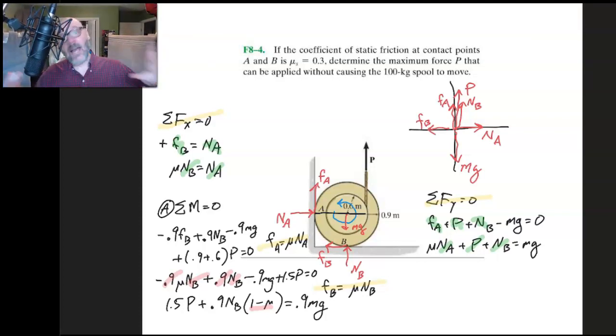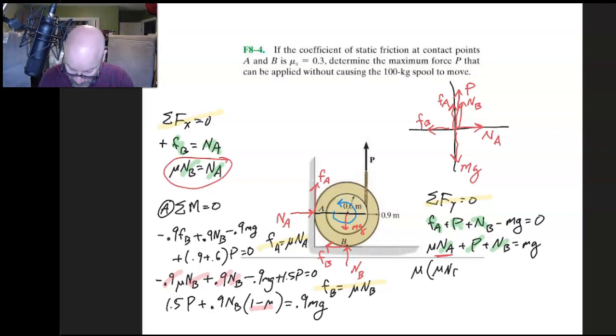Let's go back to our Y information, and we have this relationship right here that we can work with. We're going to take that and dump it in here for NA. It's going to look a little bit crazy because NA is mu NB, plus P plus NB is mg.